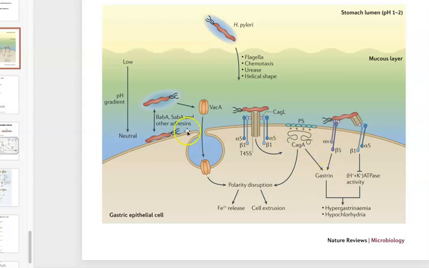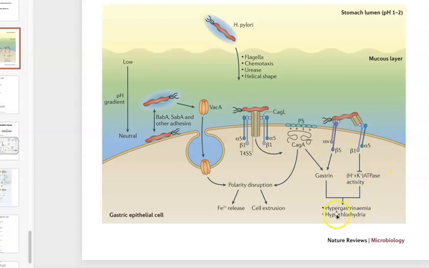And then they also produce a toxin called VacA, a vacuolating cytotoxin that you see here. It punches its way in the membrane and damages the gastric epithelial cells. But this combination of events, producing this toxin, and this toxin activates the production of gastrin, and it also messes with the proton pumps.